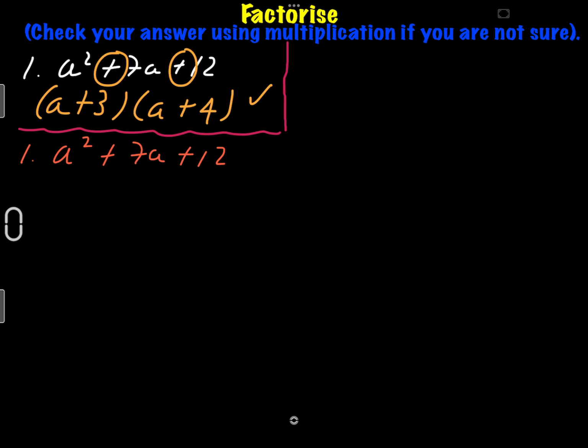Now, within this application, what one needs to do is to actually multiply a by a. So we have a multiplied by a to give us a squared as a leading coefficient. So we want to multiply those two a's by a certain factor, so that after getting the product of those factors, we should be able to sum those products to get the middle term.